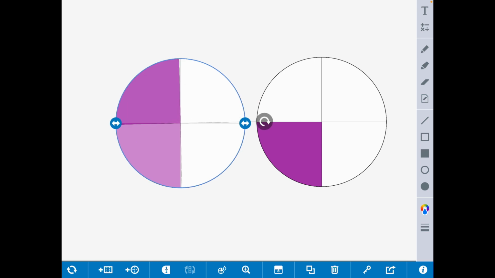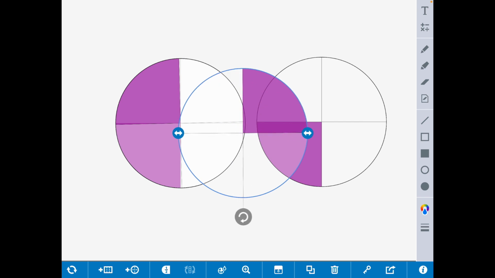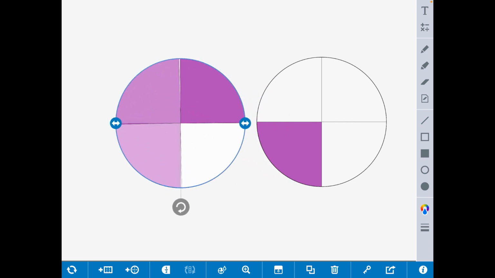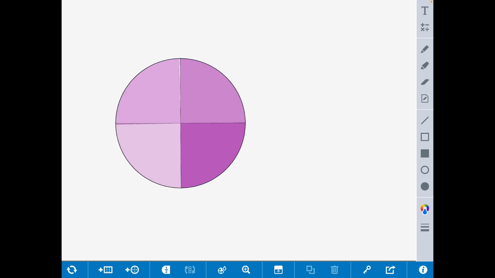It goes in twice. 3 times. 4 times. 1/4 fits into 1 4 times. So that means 1 divided by 1/4 equals 4.